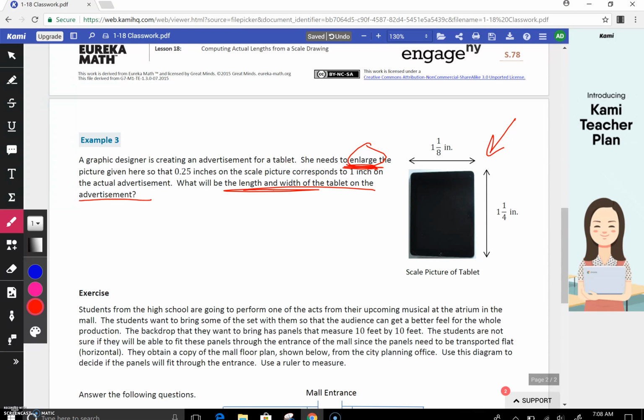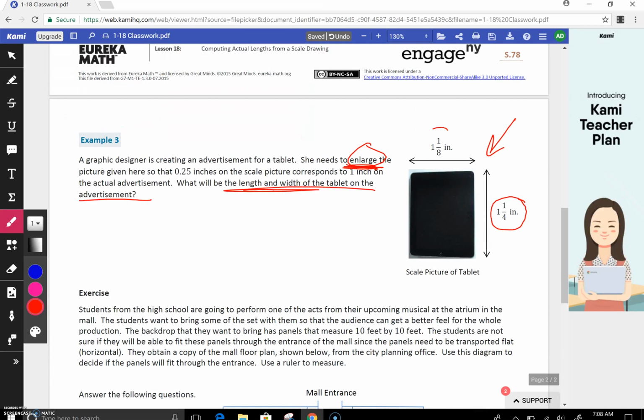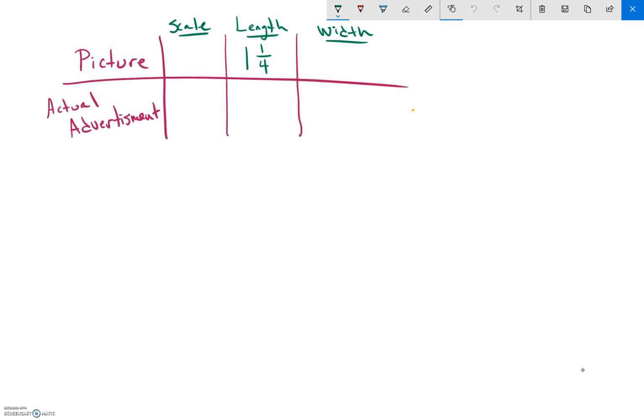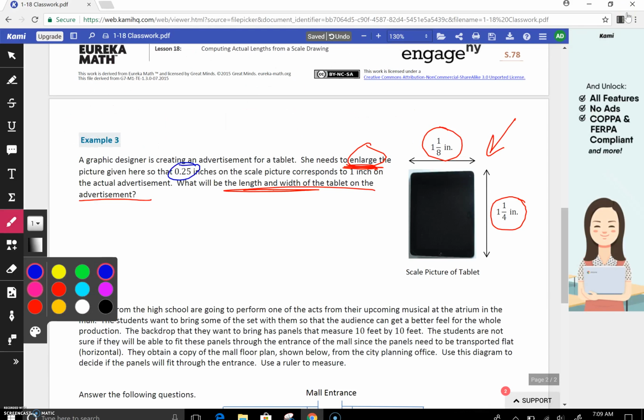Let's write down what we know. Here is the length, 1 1/4 inches on the scale drawing, so we're going to put that here. The width is here, 1 1/8 inches. And then we know the scale. The scale was given to us. It says 0.25.